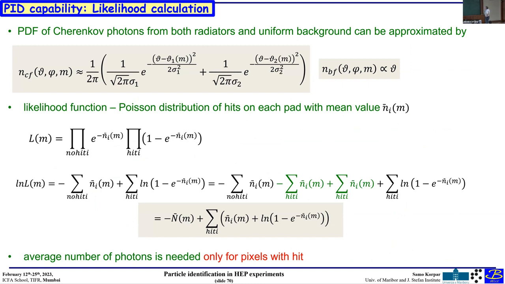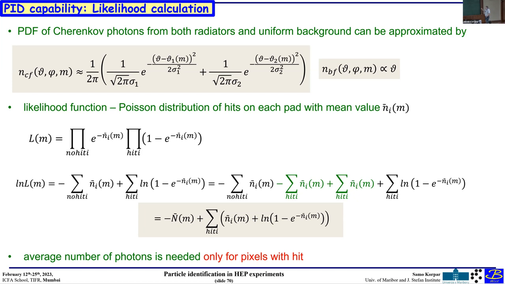So basically, we don't really reconstruct the Cherenkov angle and then compare Cherenkov angles, but we compare the expected pattern on the photon detector. We calculate what our expected distribution of photons is for kaon and pions and make the likelihood. So we estimate the expected distribution, and then for each pad, we get the average number of expected photons, which is a Poissonian distribution, and we can calculate the probability whether it will be hit or not.